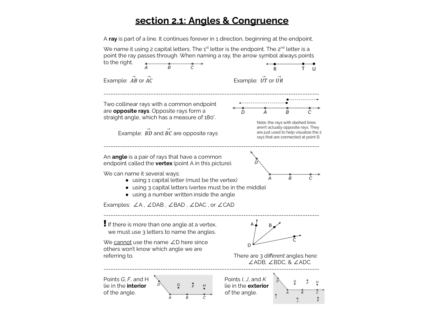Now, if there's more than one angle at a vertex, we have to use three letters. We can't use the single letter to name the angle. Sorry, I don't mean to keep doing that.